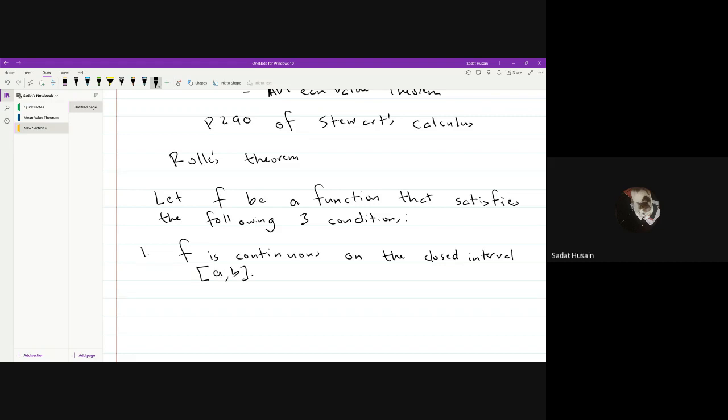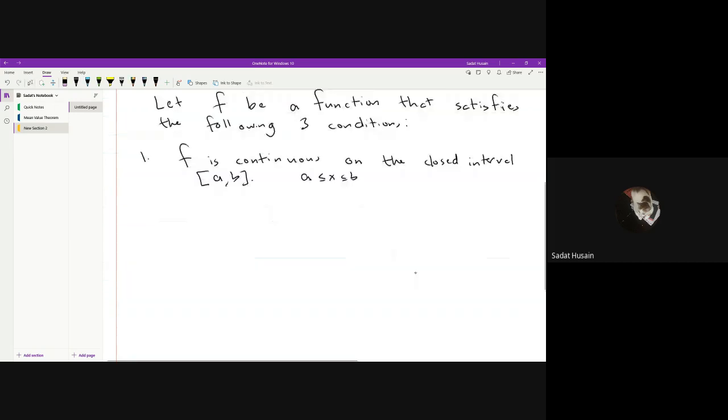Do you understand what these square brackets mean? Yes, sir. Right. This means that x can be equal to a, and x can be equal to b. And so f is continuous on this closed interval.